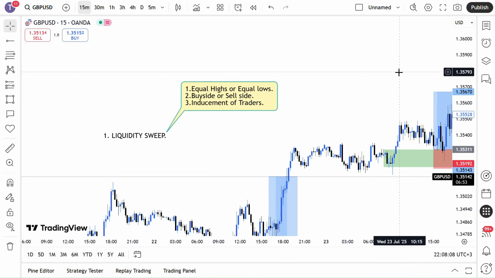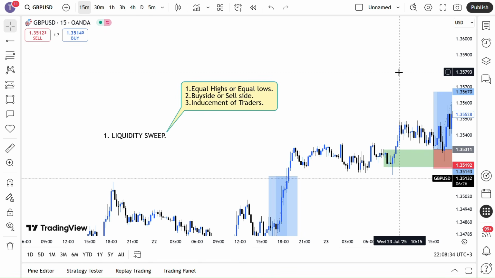Number two, we have liquidity sweep. And in liquidity sweep, what you should ask yourself is, did the price sweep liquidity above equal highs or below equal lows? That is number one. Number two, was buy side or sell side liquidity grabbed before a reversal?